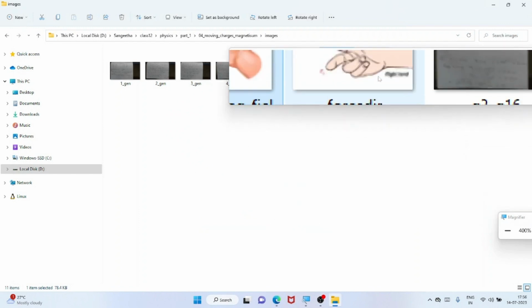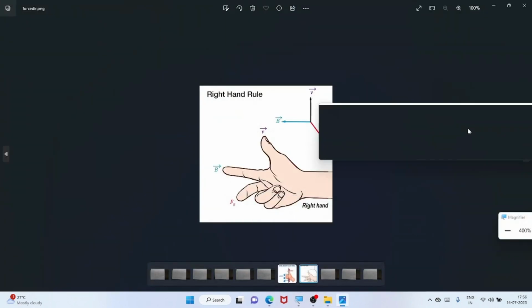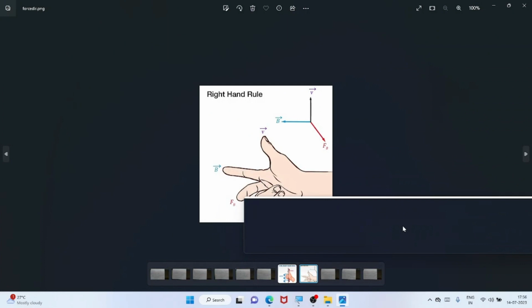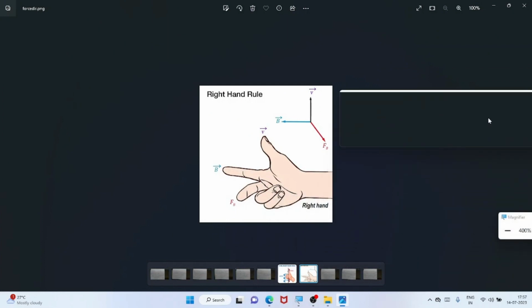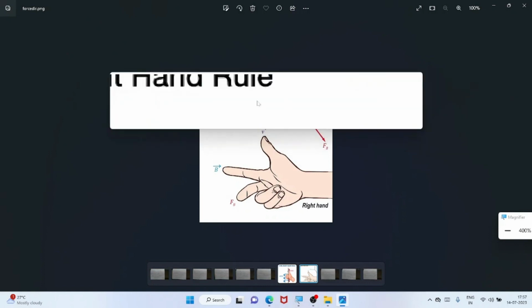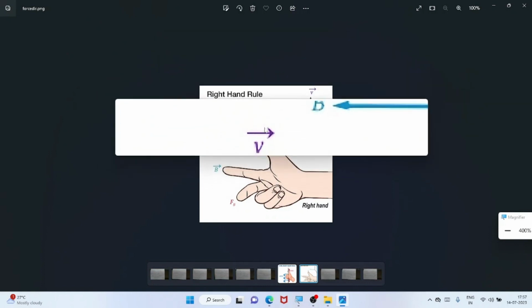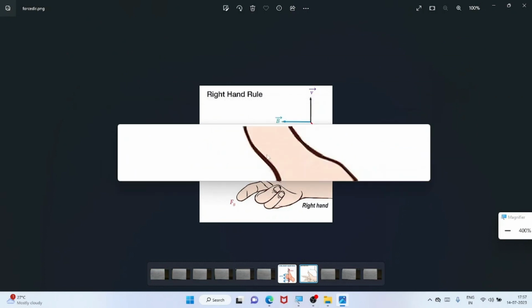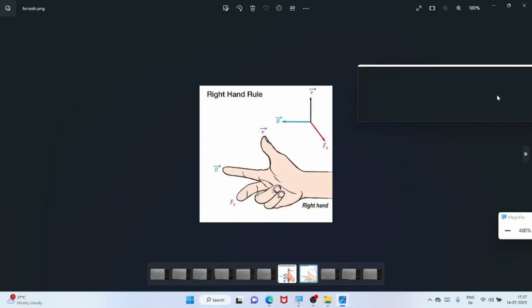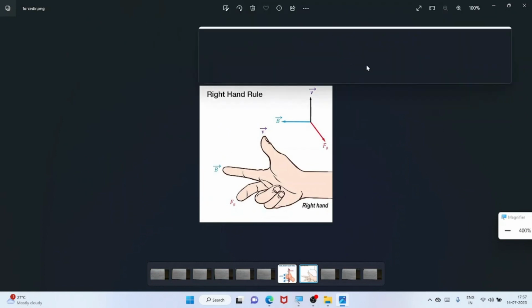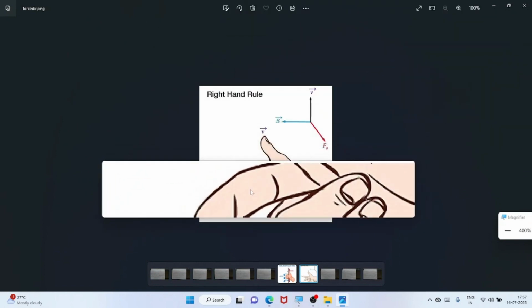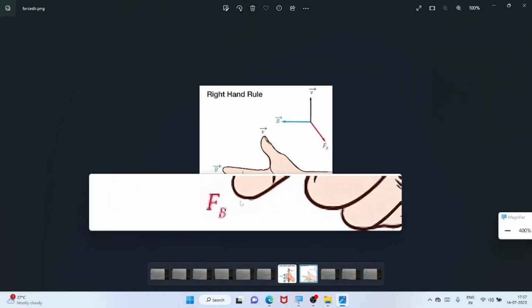Now how do you find the direction of the force? When you have a moving charge, what is the direction of the force? So here this is the direction of the moving charge, this is v, velocity, and this first finger is the direction of the magnetic field, and this finger points to the direction of the force.